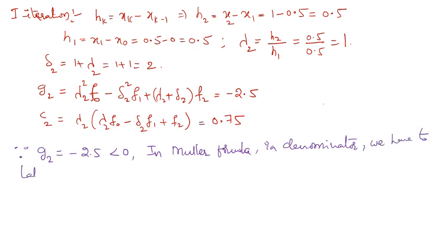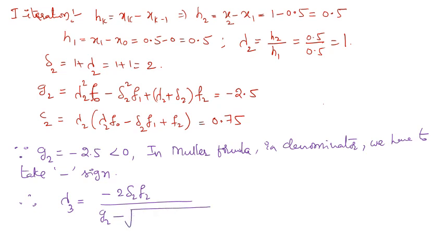We have to take the negative sign. Therefore, what is the lambda k plus 1 formula now? Lambda 3 equals minus 2 delta 2 f2 by g2 plus or minus. In plus or minus I have to consider the negative sign, since the g2 value is negative, g2 square minus 4 delta 2 f2 c2.